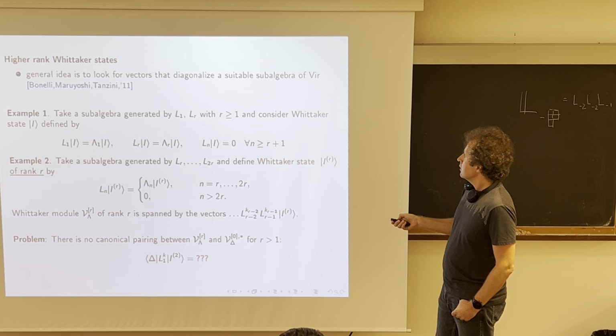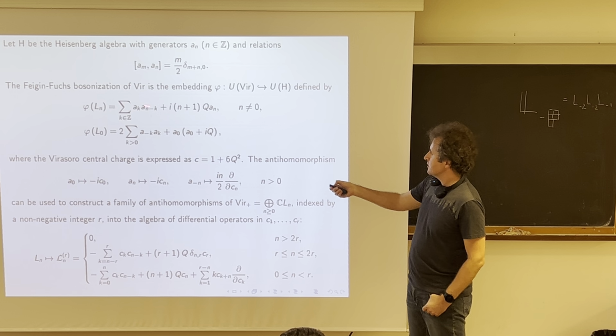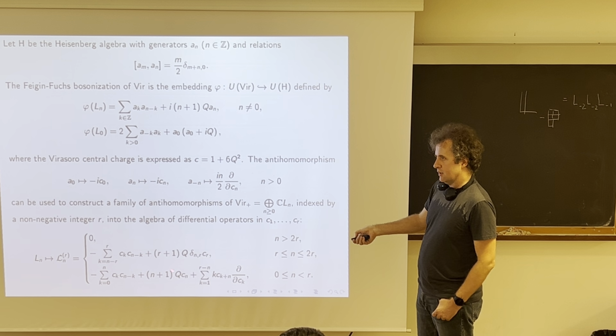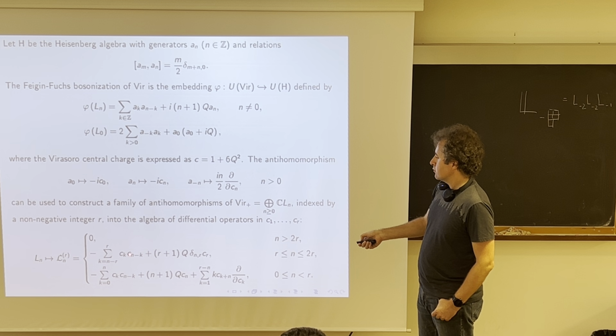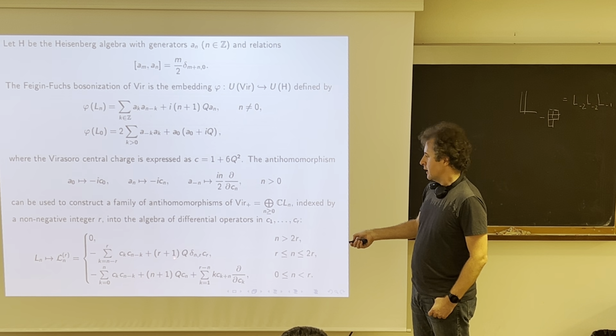And all you need to do is, in these formulas of bosonization that you use to guess the answer here, just consider half integer indices of the C's and set Q equal to 0, for example, because you only care about the positive part of the Virasoro algebra which doesn't know about the central charge. Okay, and then for any half integer rank, you can write explicit formulas of this type. Probably because there are no half integer generators.